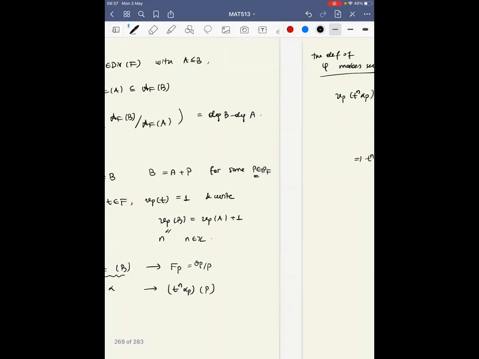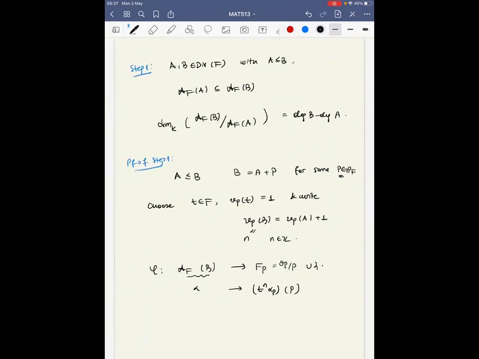So the image is not going to be infinity, and this definition makes sense.